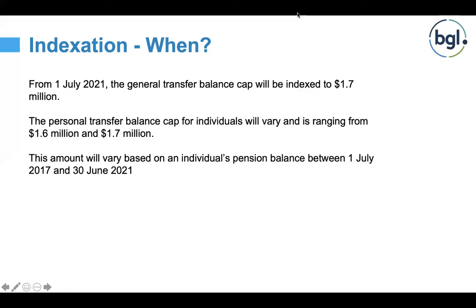That being said, it's still good to understand how the amount is going to be calculated and also how that applies in practice. So let's go through a few scenarios of what your trustees or some individuals might be in, and how that's going to look for their personal cap.